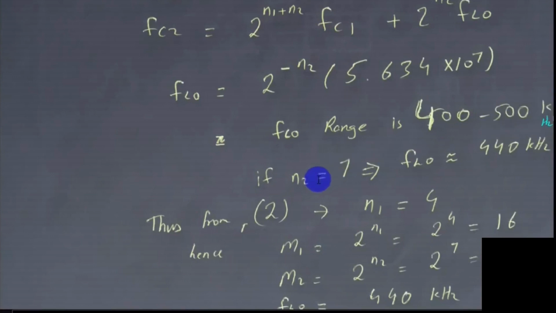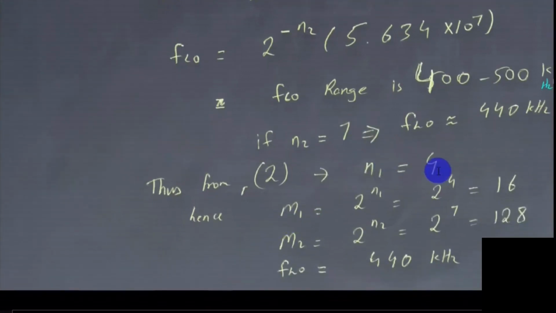So simply, if we set n2 equal to 7, the local oscillator is actually around 440 kilohertz, which is within this permissible range, right? So you would have to test 6, 7, 8, 9, right? So eventually you will reach this point that would identify the local oscillator range, which is within the permissible limit. So once you reach that value, that is n2 equal to 7, from there you can get n1 equal to 4.